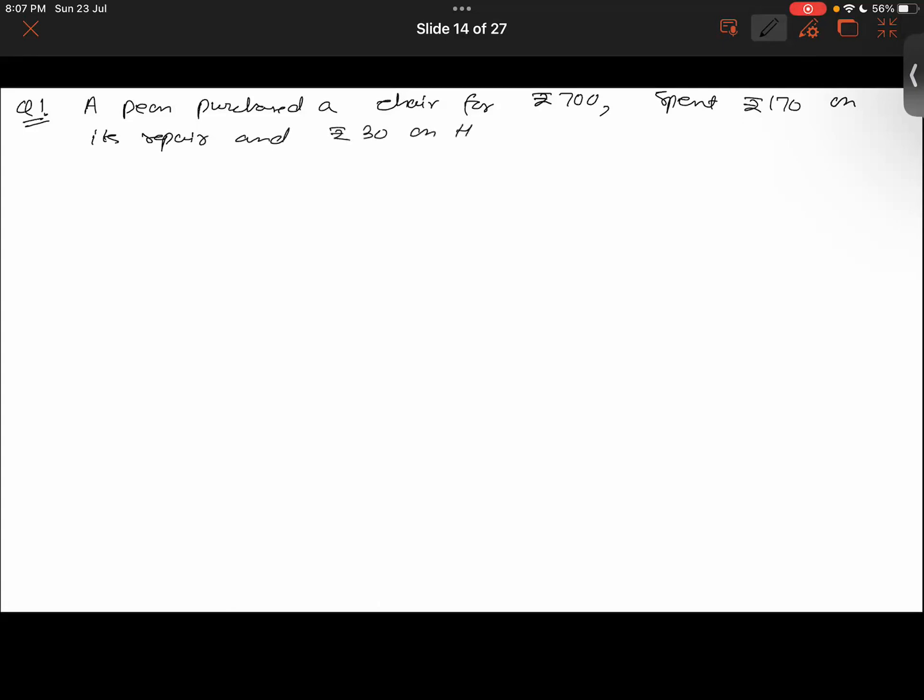I'm writing the question over here. A peon purchased a chair for rupees 700. Then he spent rupees 170 on its repair and rupees 30 on the cartage.